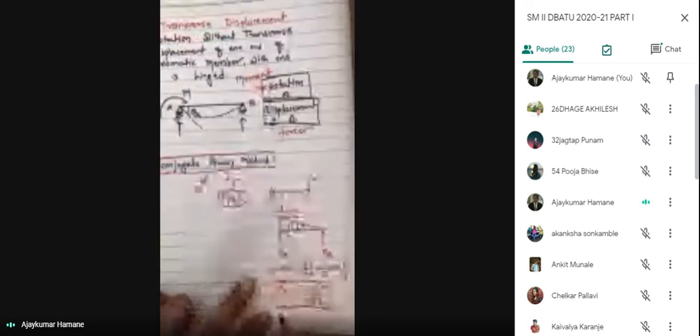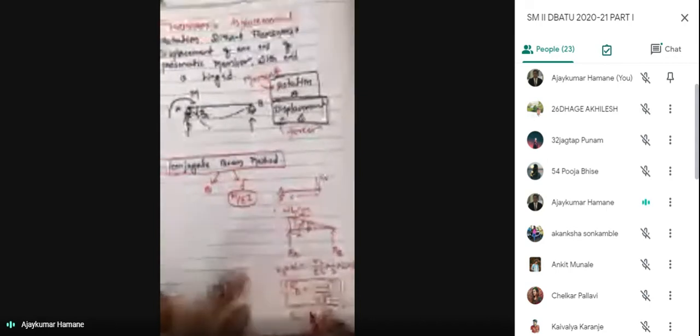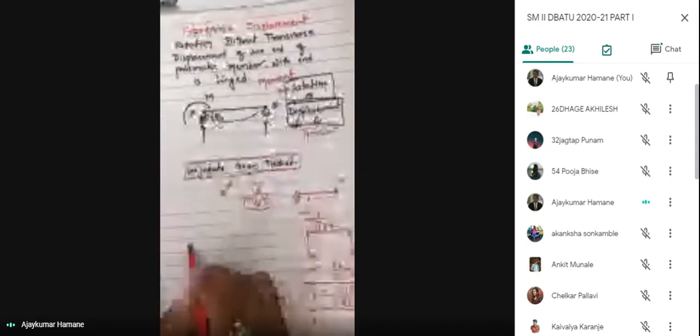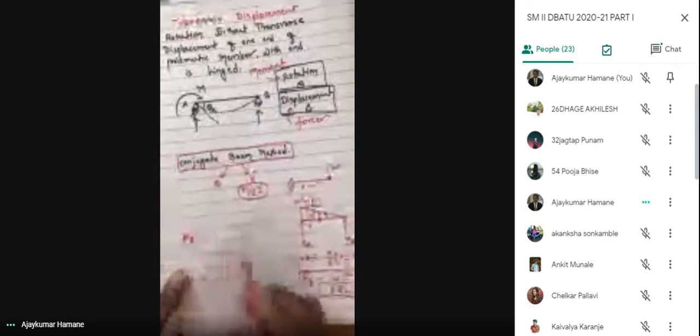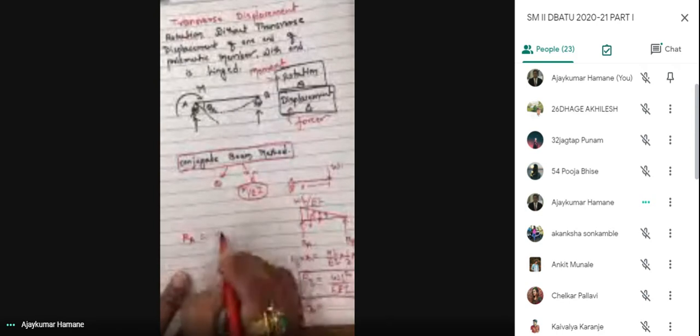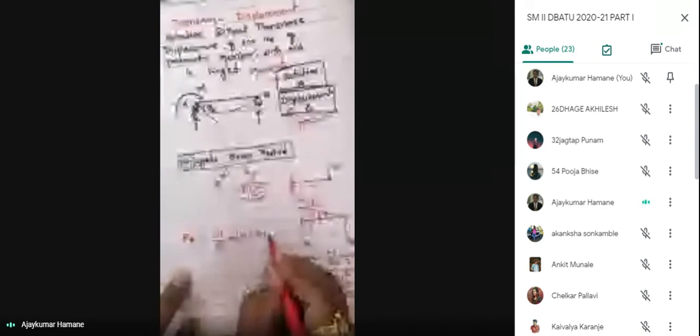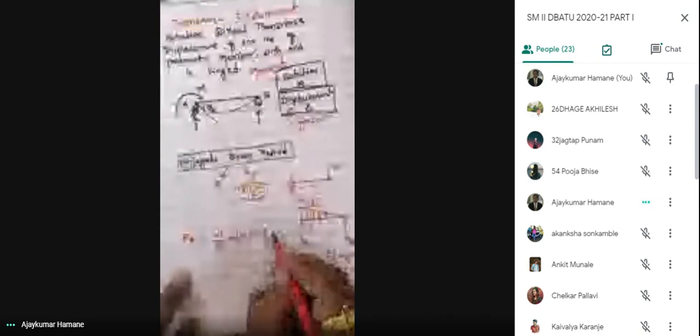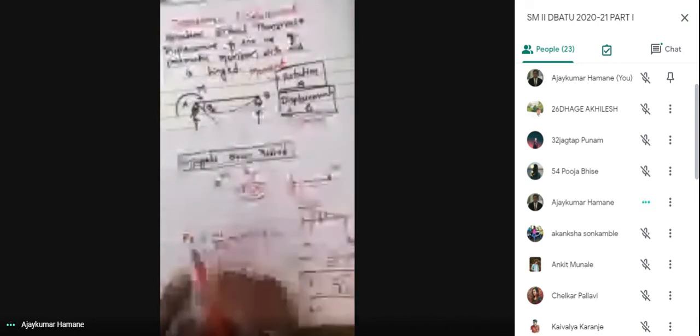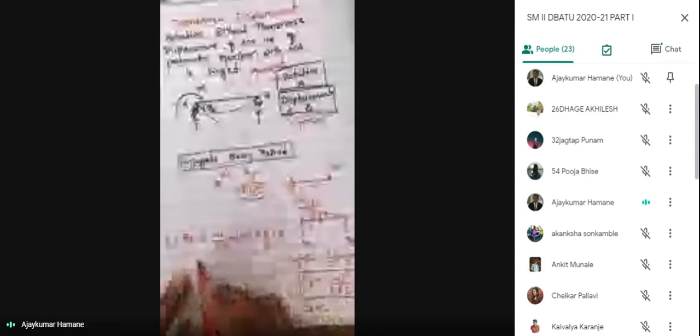And RA equals WL upon EI into half into L into 2/3 of L, where L gets cancelled.